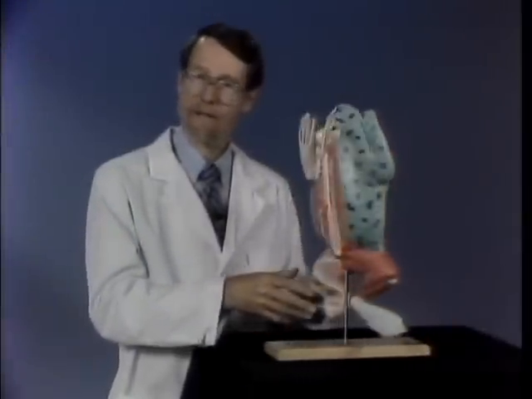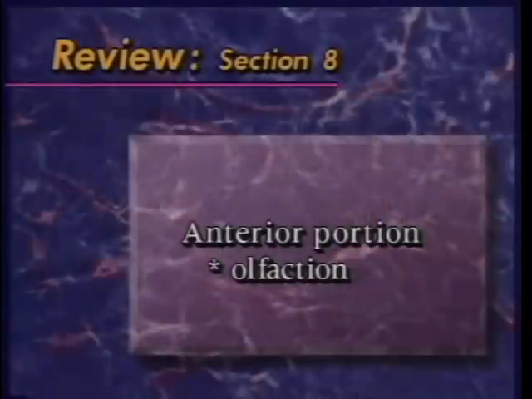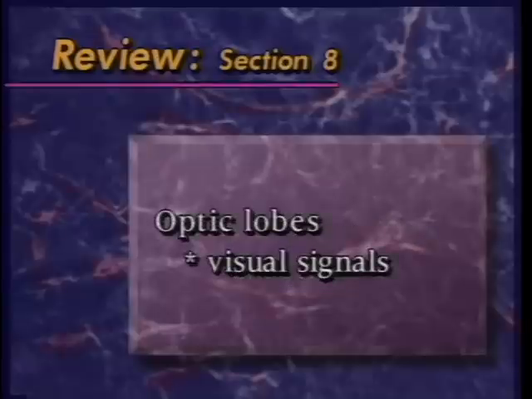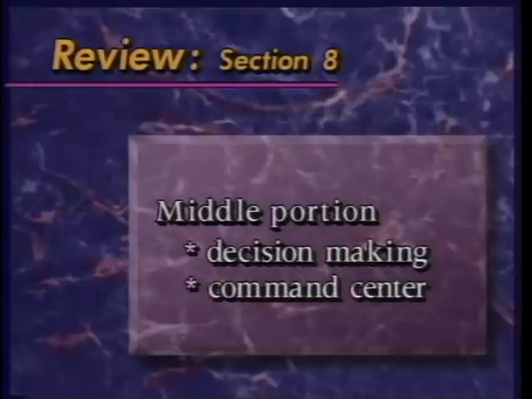And now for our final review. The anterior-most portions of the brain are involved with olfaction. Toward the middle of the brain are paired optic lobes which are involved with visual signals. Other portions of the brain in this region are involved in decision-making and are therefore a sort of command center.